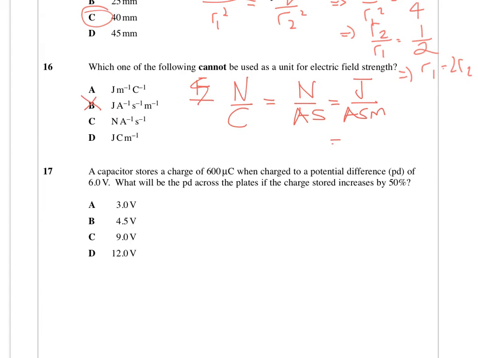And we could also have written that as joules per coulomb meter, so that would mean A is possible, so it's not going to be that one. Newtons per amp second, we've had that one, so then eliminating that, that would leave us with this one here.